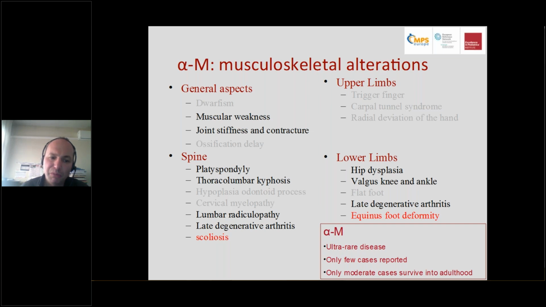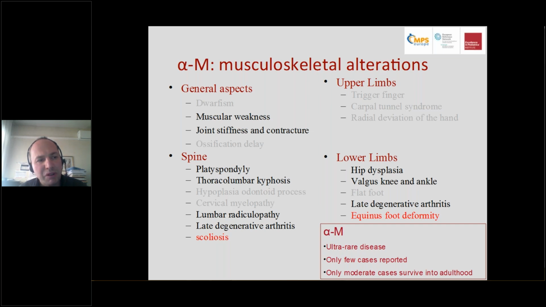We found some reports about scoliosis, which is said to be typical of alpha-mannosidosis; it can also be present in mucopolysaccharidosis, but it is not typical there. We find no report about hand alteration in alpha-mannosidosis, and no report about flat foot. In the severe cases we find some equinus foot deformity.